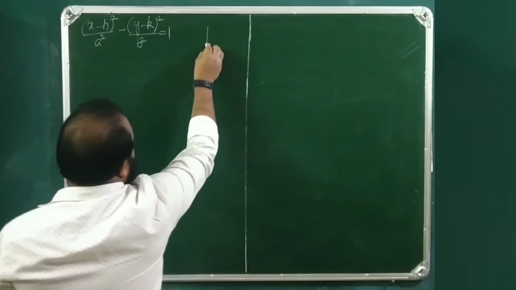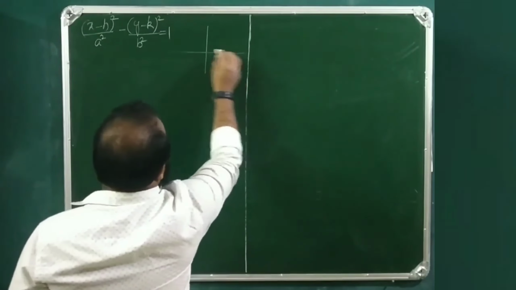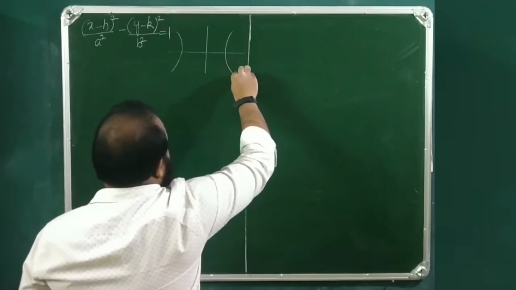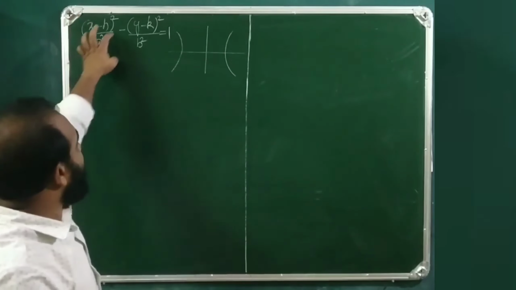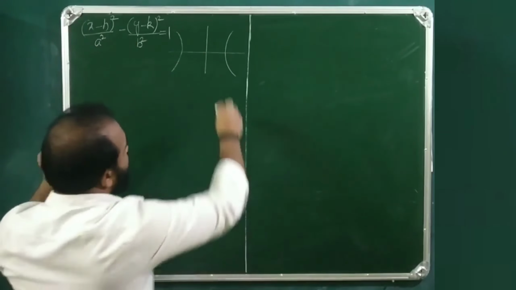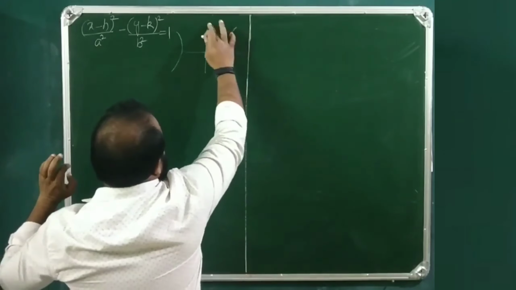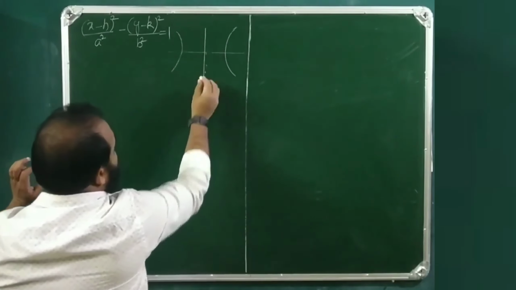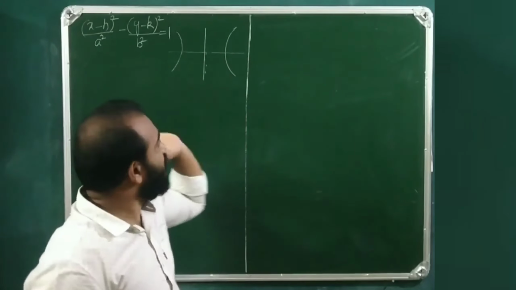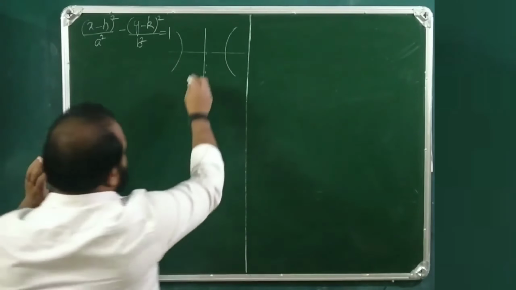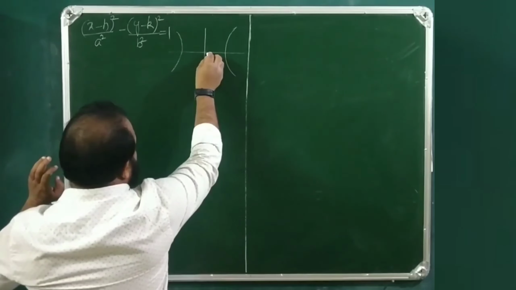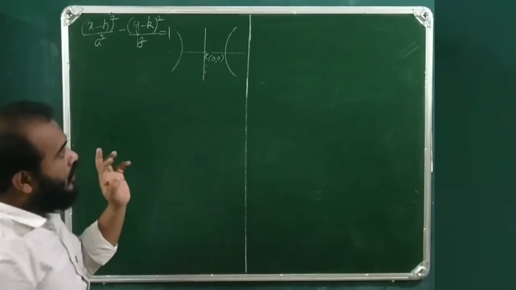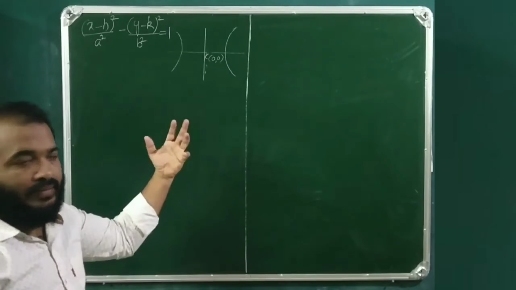Earlier the hyperbola was like this, for x square by a square minus y square by b square equals 1, whose transverse axis is the x-axis. Earlier the center C was 0, 0, but here the origin has been shifted to some other place.